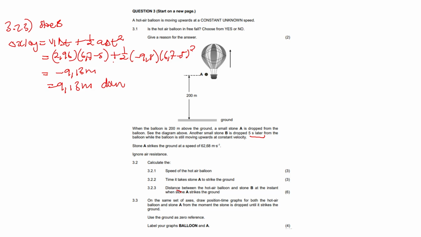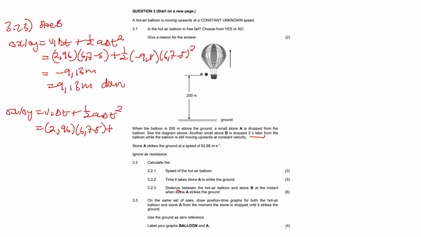Then we can calculate as well the distance that the hot air balloon travels. We can use the exact same formula, and I'm going to rewrite my formula. This just sets the tone for the question, so you know where to insert what. So we have calculated initial velocity again, and the time is going to be exactly the same. But what's the difference here now?